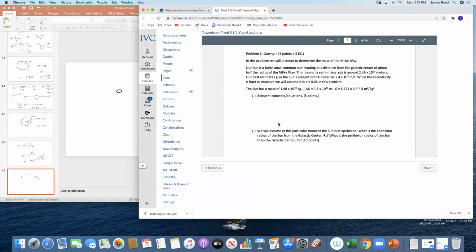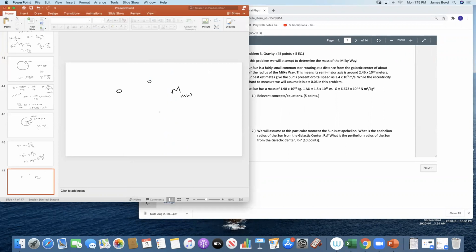Now, we're told the orbital speed and the semi-major axis and the eccentricity. So we're told a is 2.46 times 10 to the 20 meters, and we're told that v, we're going to assume that this is v_A, we'll find that out in part 2, is 2.4 times 10 to the 5th meters per second, and we're told that e can be assumed to be 0.06 for the sun around the Milky Way.